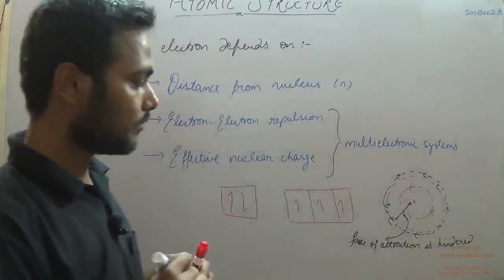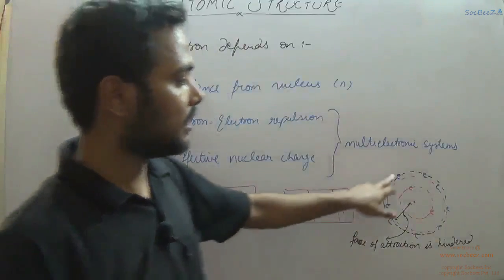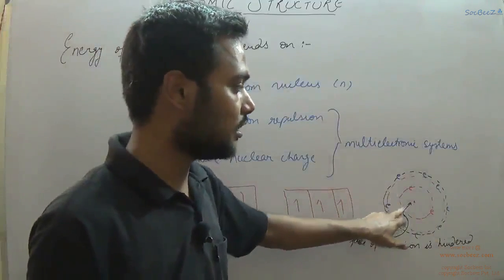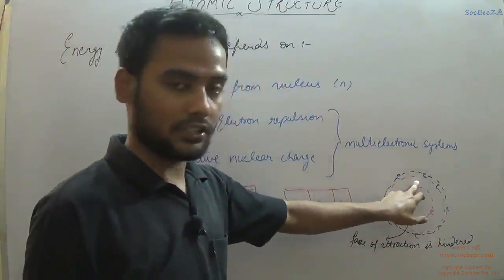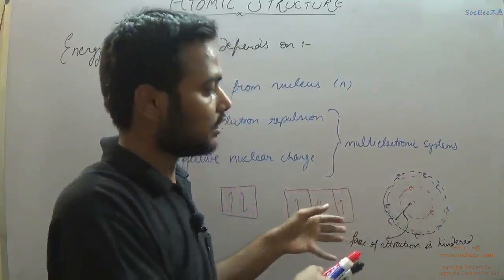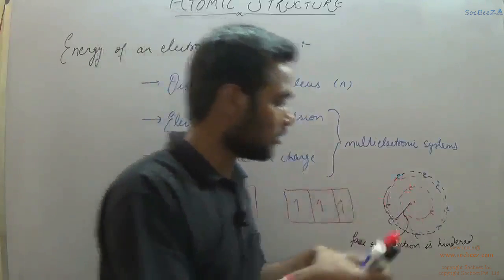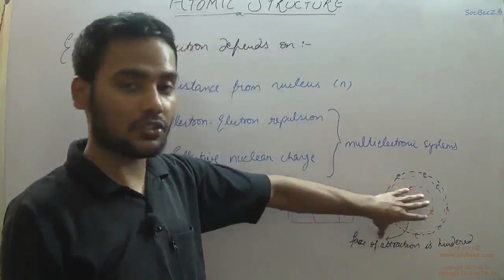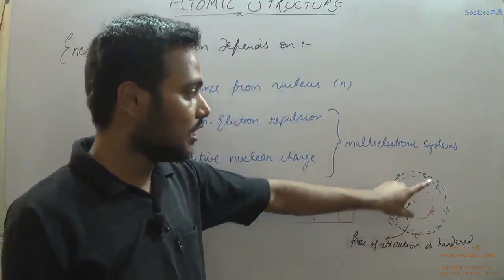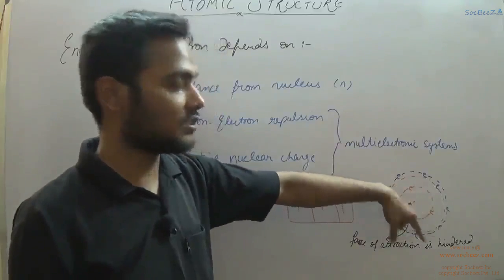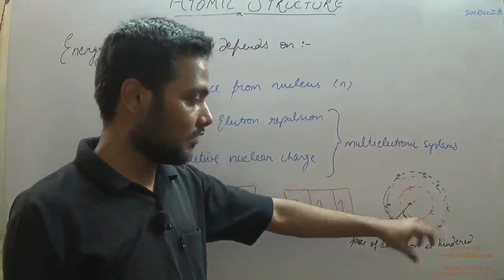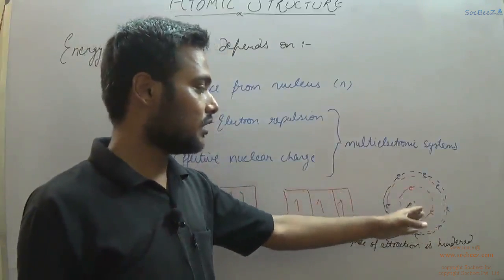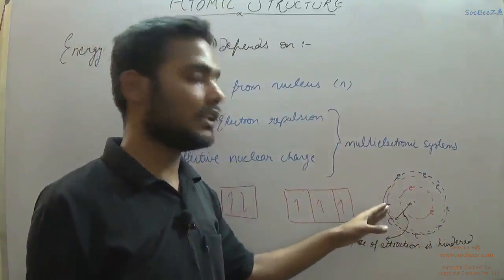Now the force of attraction between nucleus and these 2p electrons is further hindered by the 1s electrons and the 2s electrons. And this hindrance which the 2p electron is facing is amplified due to the extra number of electrons, if we compare it with the hindrance faced by 2s electrons.